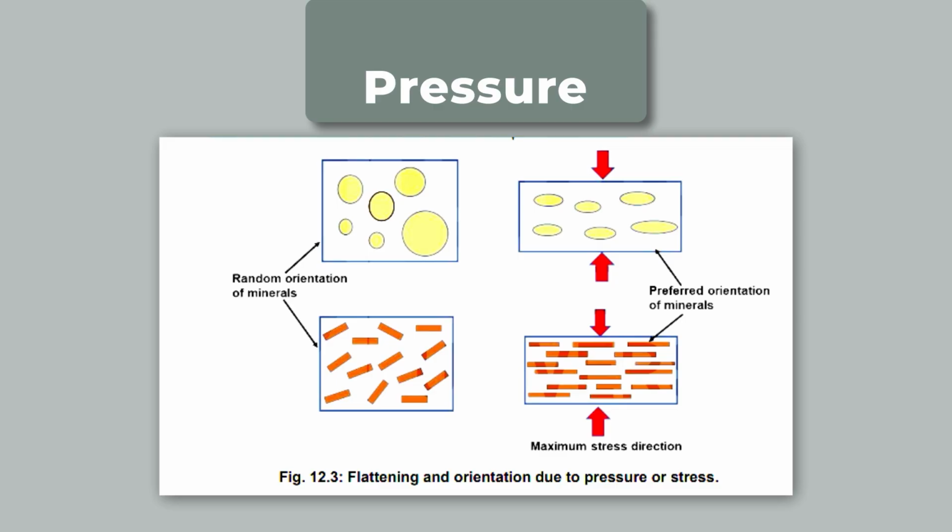Because of the weight of the overlying rock, there is pressure and there is preferred orientation of minerals, and these get oriented in the direction of maximum stress. So you can see flattening and orientation due to pressure or stress.